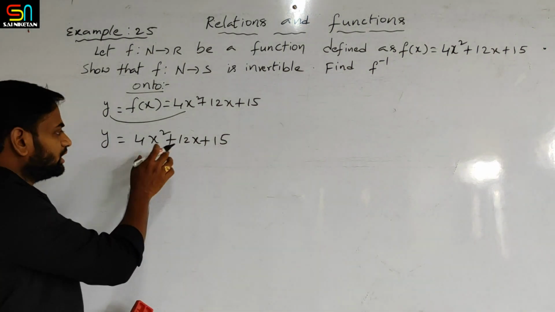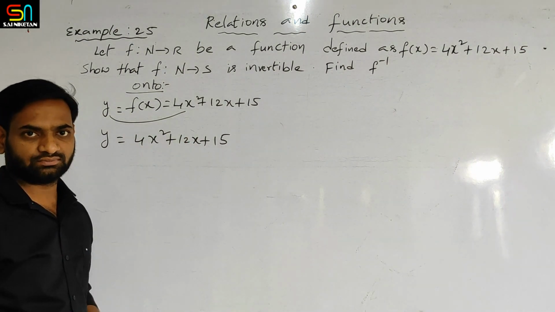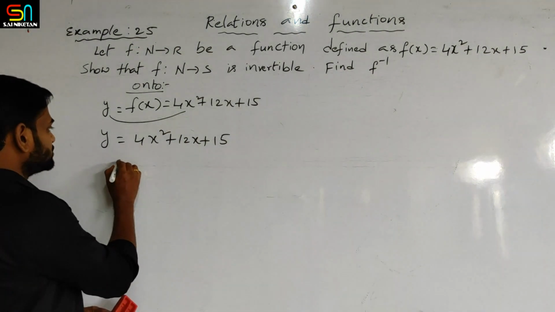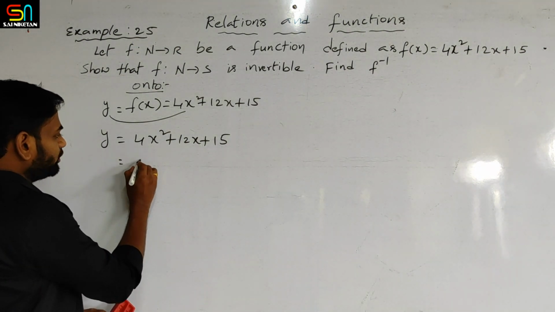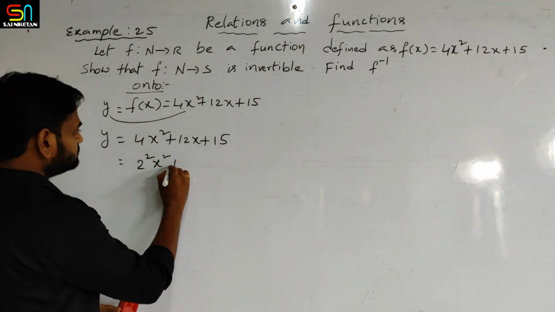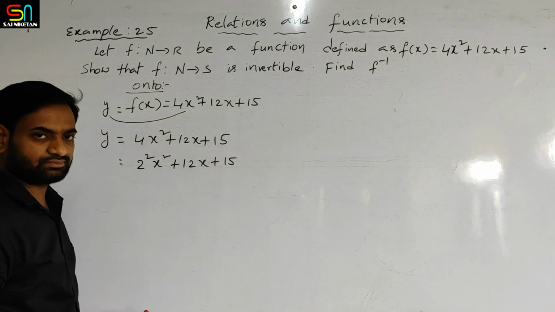Now here, we have to convert this entire equation into a perfect square. That means the a plus b whole square formula. That's why I am writing this 4 as 2 square, x square plus 12x plus 15.